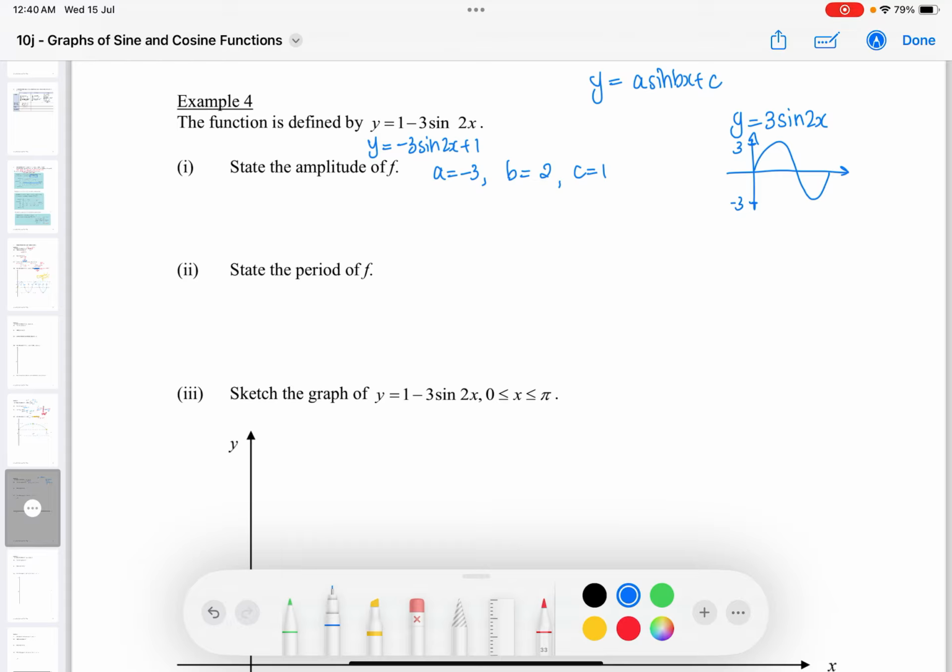However, the moment I put a negative sign in front, the entire graph will just flip. Okay, not drawn very well. It will just flip upon the axis of the curve.